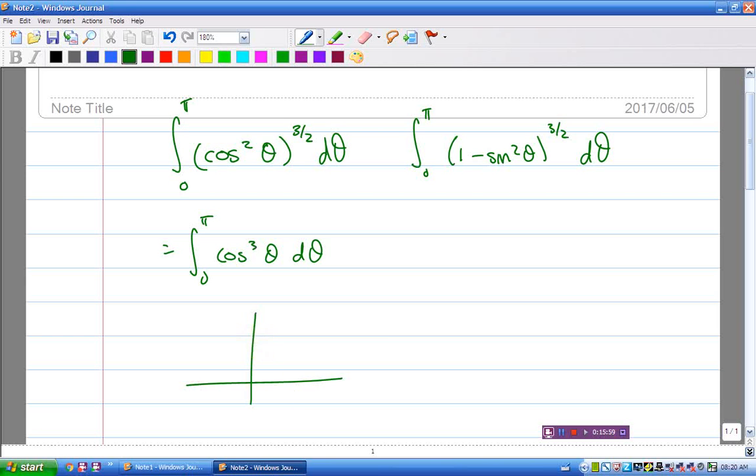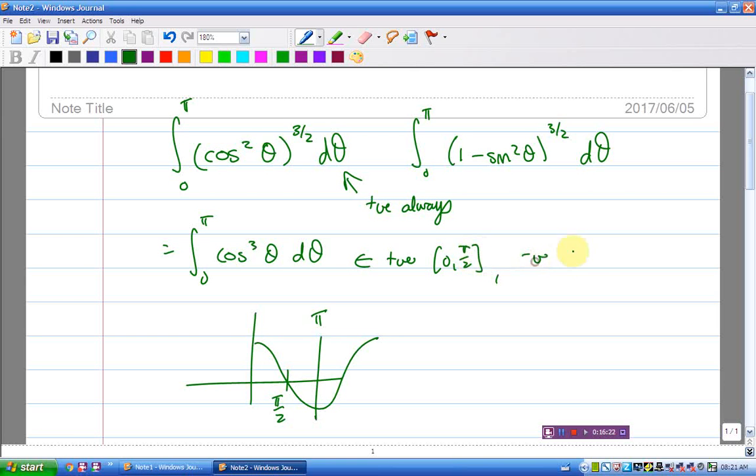There's pi over 2. And cos is positive from 0 to pi over 2, but it's negative from pi over 2 to pi. So this thing over here is positive always, positive throughout the interval. This is only positive from 0 to pi over 2, but it's negative from pi over 2 to pi. In other words, these two things are not equal. This equals here is telling a lie. Not true.